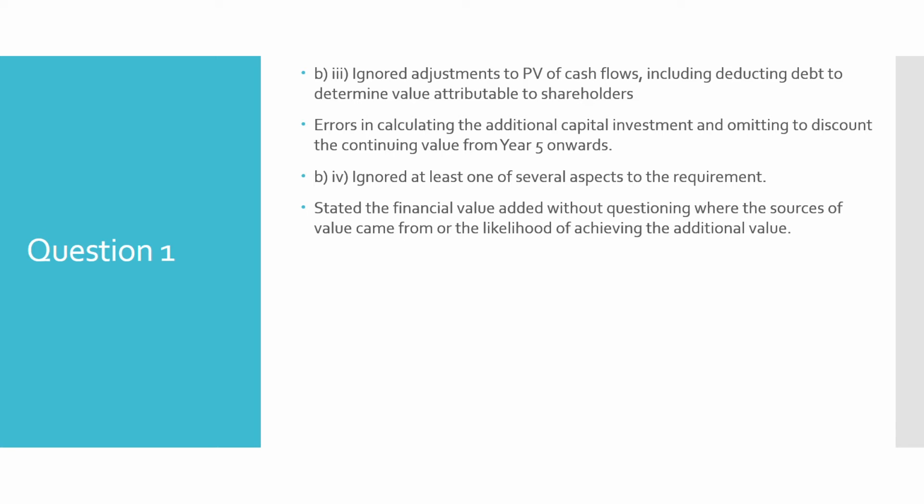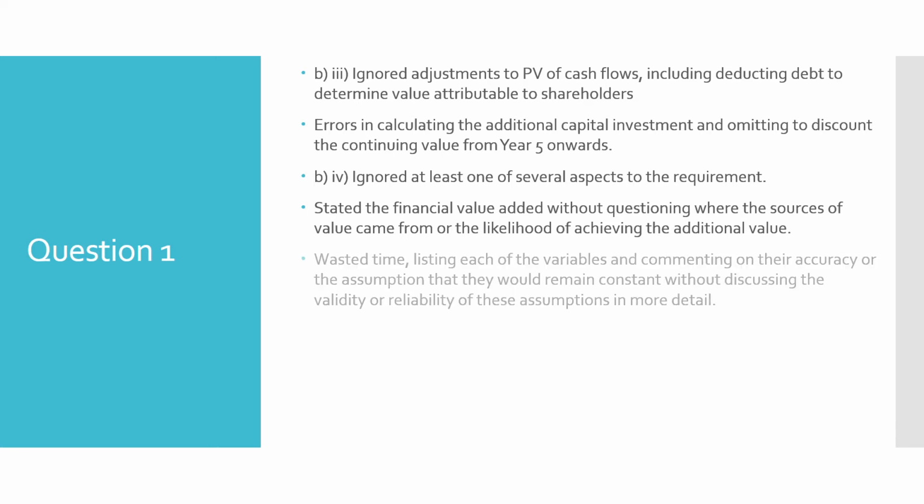And the mistake which I've always told you not to make: most of you waste time listing each of the variables in turn and commenting on their accuracy or assumption that they would remain constant, without discussing the validity or reliability of these assumptions in more detail. So your job is not to list each variable, right?